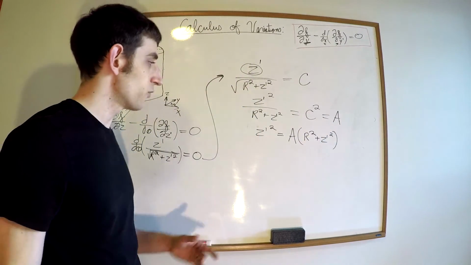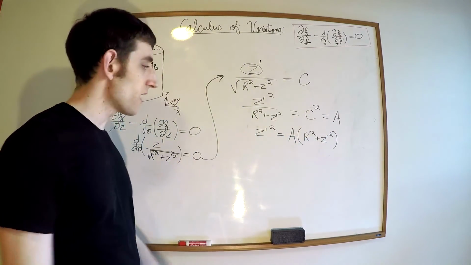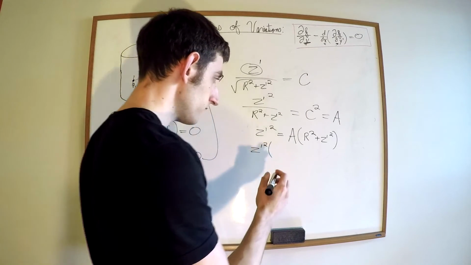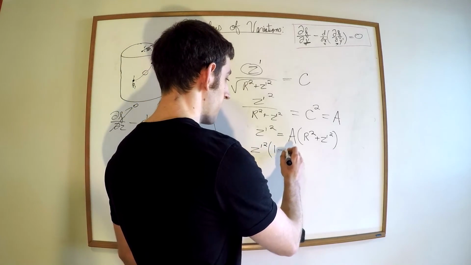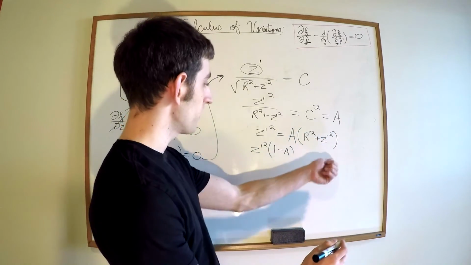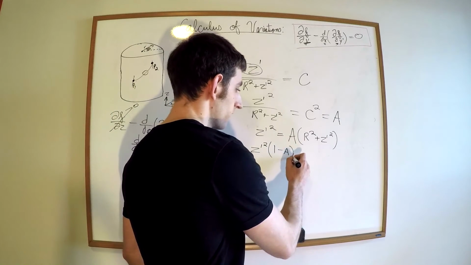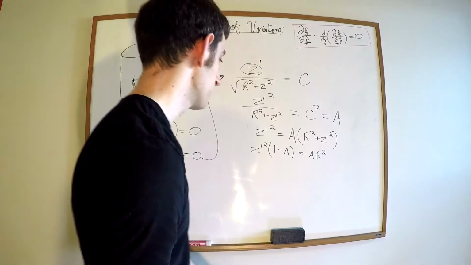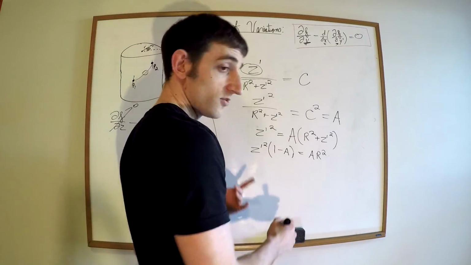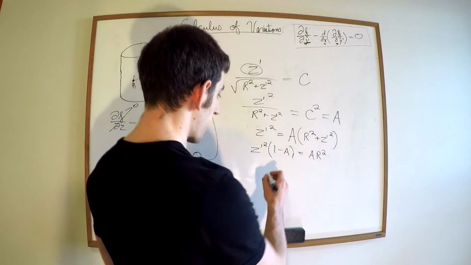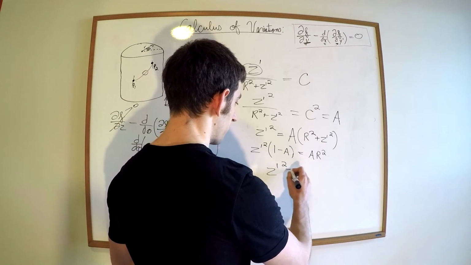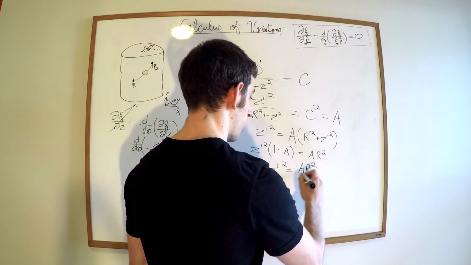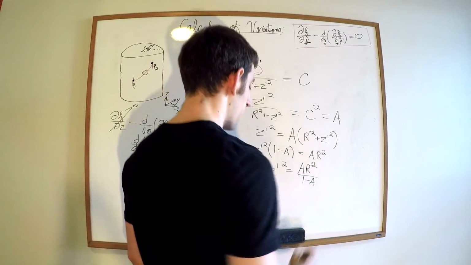Okay, we're making some headway. Now we want to isolate the z'. So z' squared times 1 minus a, since I'm taking this a z' squared, pulling it over here, is equal to a r squared. We're almost done. We divide by this, and end up with z' squared equals a r squared over 1 minus a.